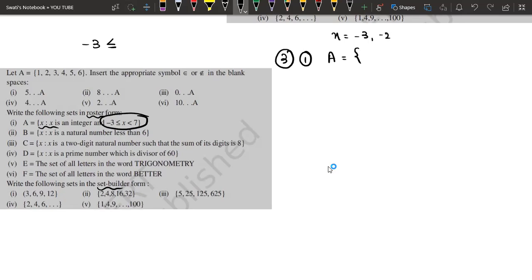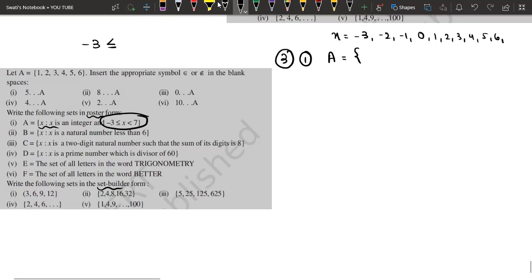Then we have -2, then we have -1. So these are the possible values of x. And then 0, then 1, then 2, then 3, then 4, then 5, then 6, then 7. So these, okay, no, not 7. Why not 7? Of course, because 7 is not included.